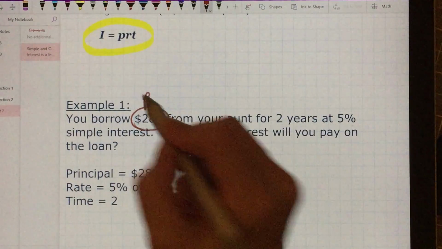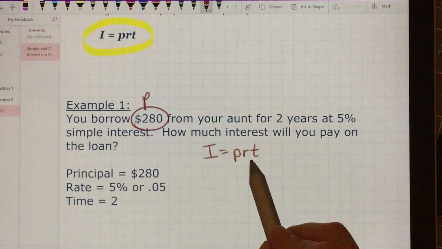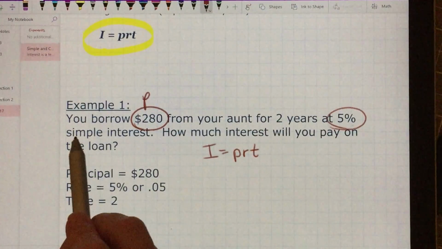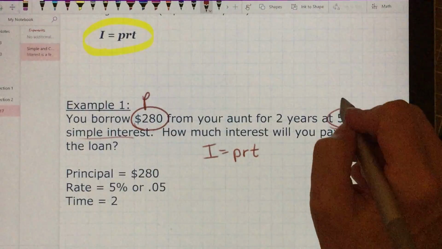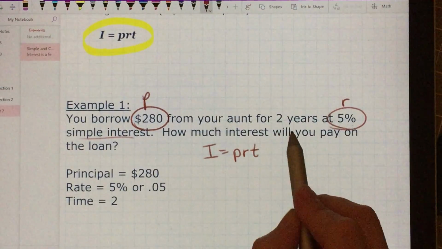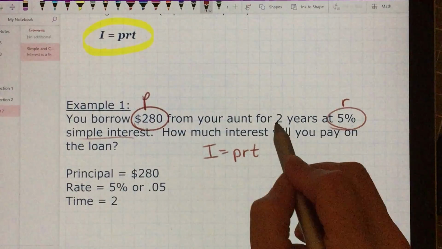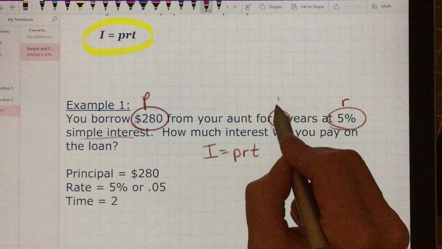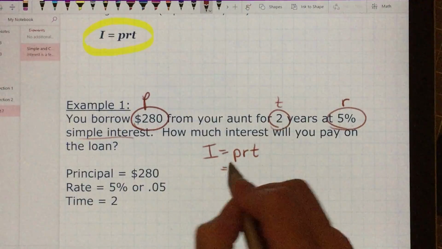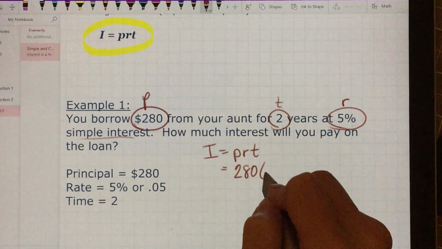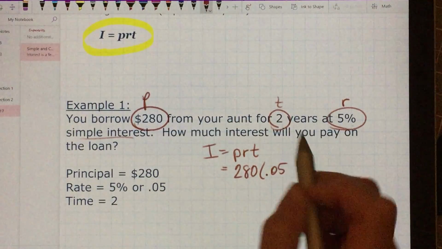$280. The rate we're given is a 5% simple interest rate, and time in this problem is easily given to us in years, 2. So we just substitute principal times the rate.